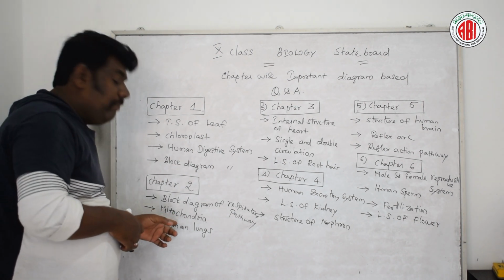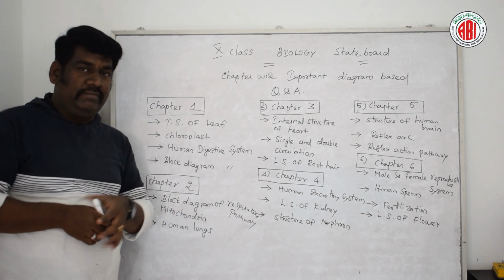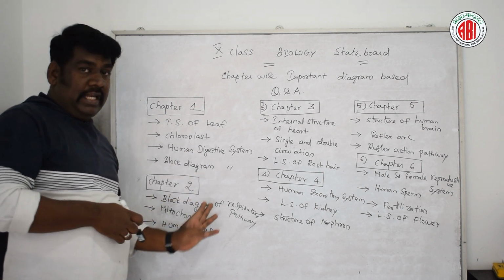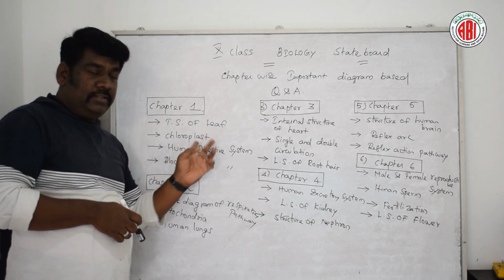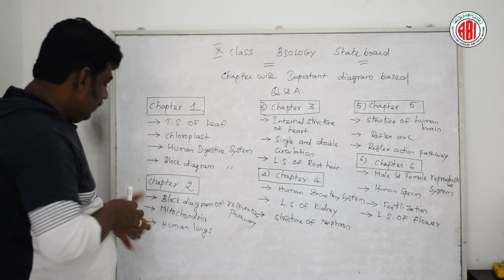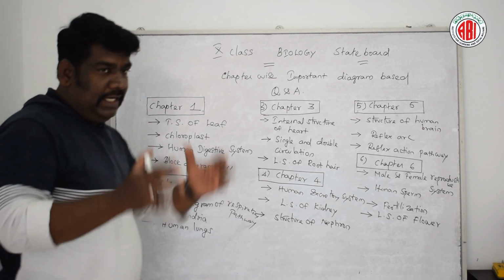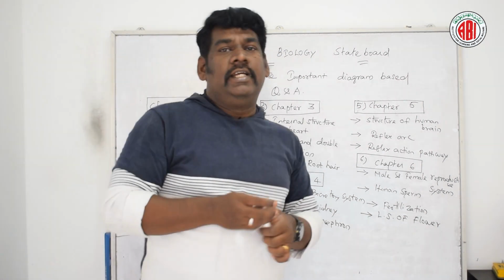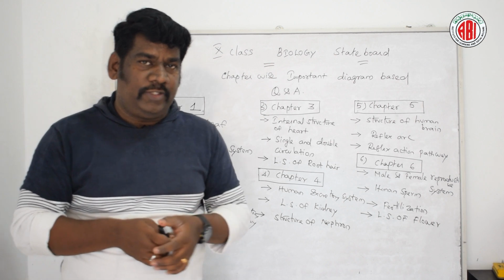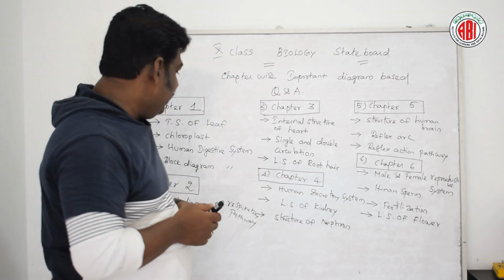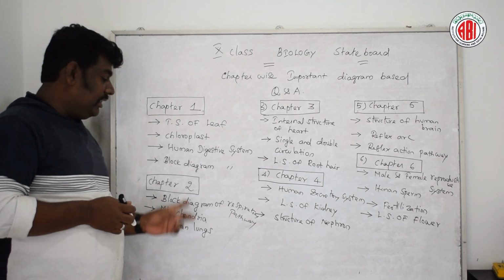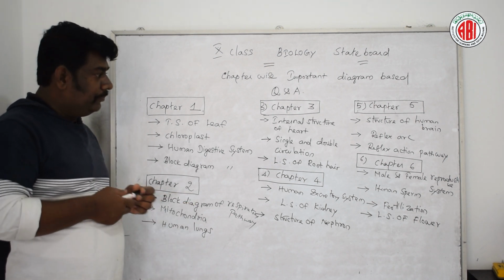Next, mitochondria is also an expected question, like chloroplast in the earlier chapter. Both may be expected diagram based questions. Next, the entire internal structure of human lungs and the organs involved, which we should explain in detail. So these are the 3 most important diagram based questions we can expect from chapter 2.